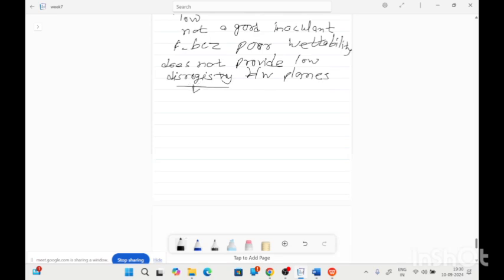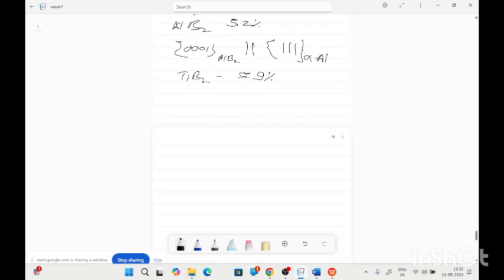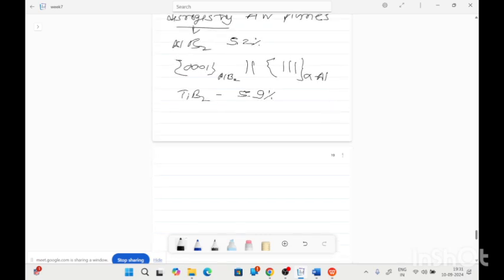The percent of this disregistry for aluminum boride is around 5.2% between the 0001 plane of aluminum boride and the 111 planes of alpha aluminum, while for the titanium boride, this disregistry is 5.9%, which is very high.